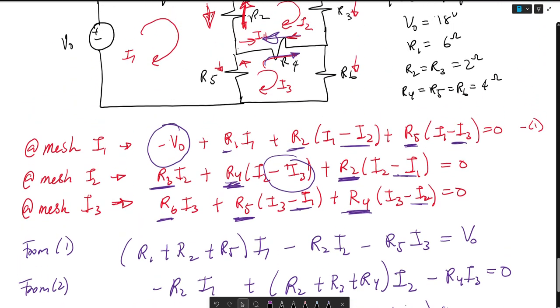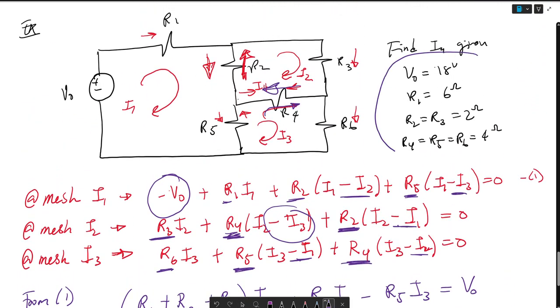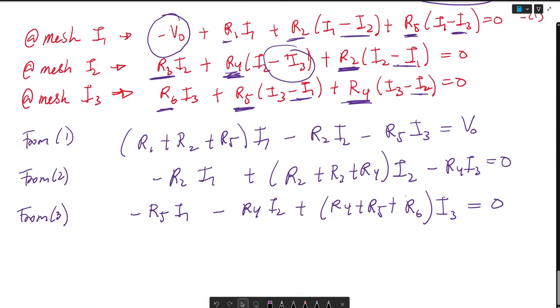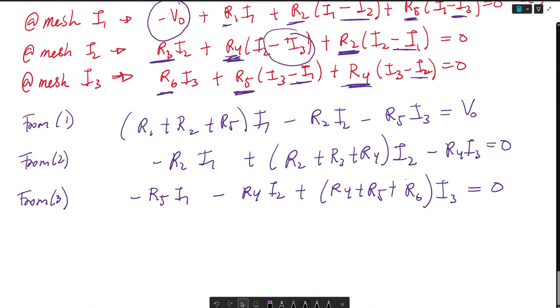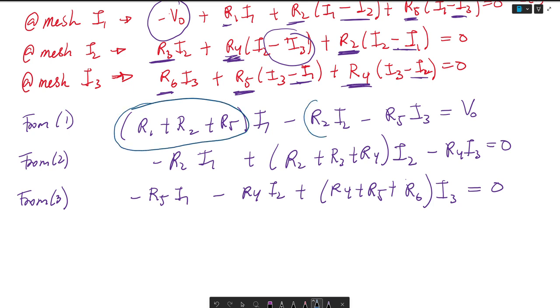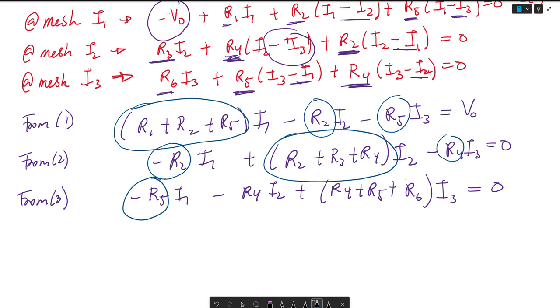So since we're given these resistances and voltages, we can plug those in here. These are just numbers we can plug in.